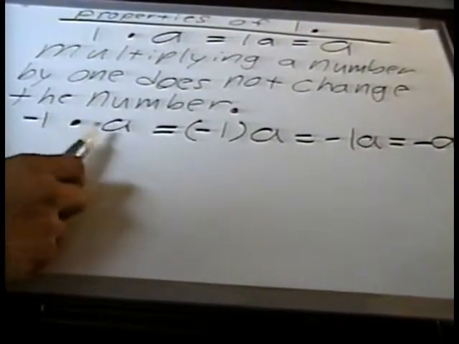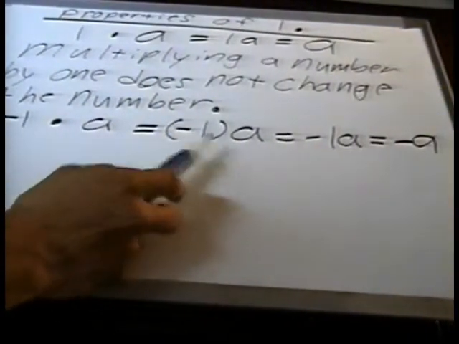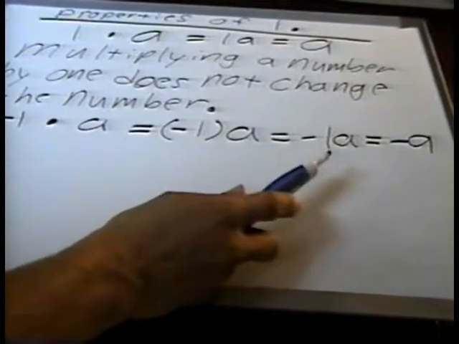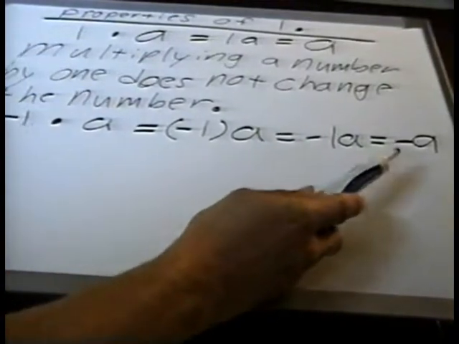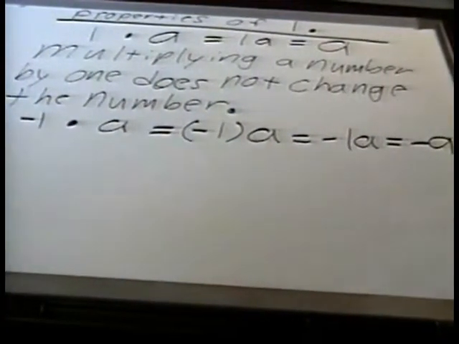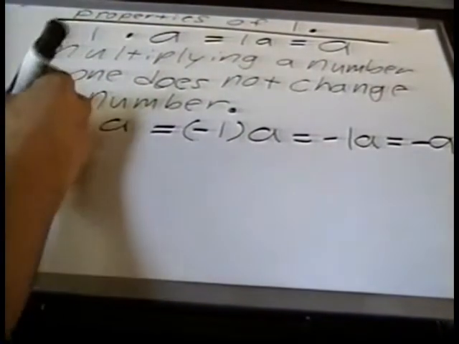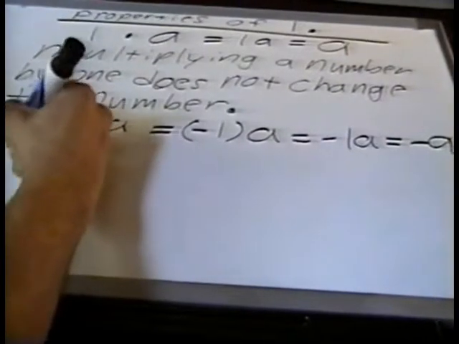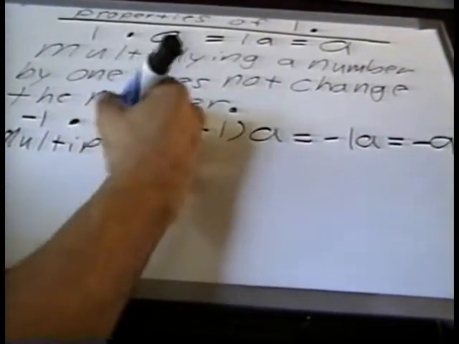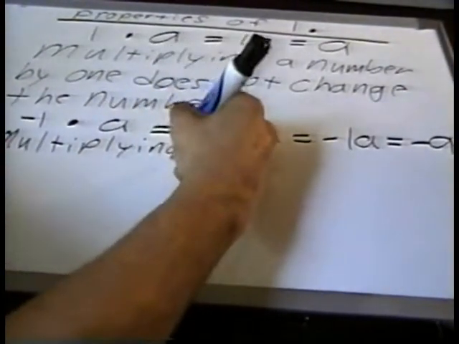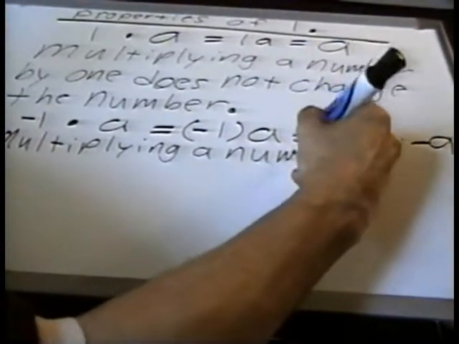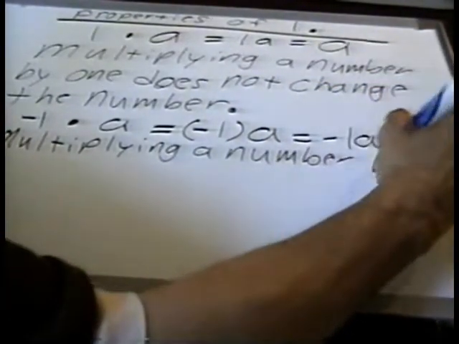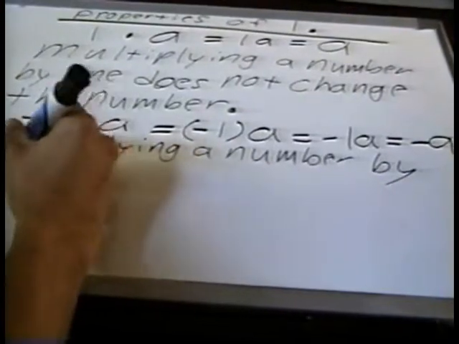Now, all numbers have the property, as I showed you in the beginning, that any term can be written as itself divided by 1, and it's true. Also, you can do this with an entire term of an equation. Meaning if I have a plus b, that equals a plus b divided by 1, because dividing a number by 1 does not change the number.